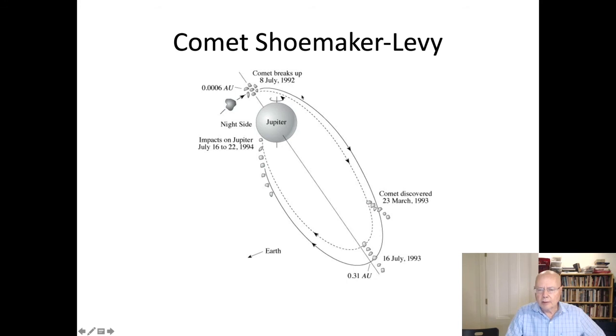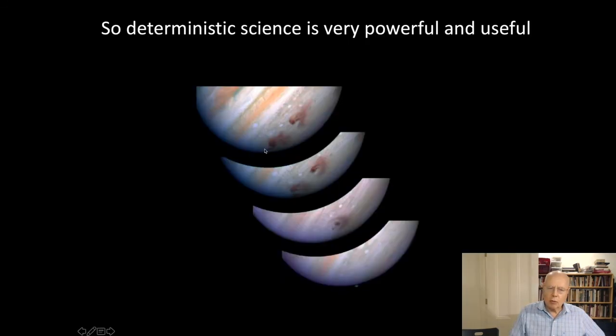Then it went down in this way. It was first discovered in March of 1993, and then 14 or 15 months later, it impacted Jupiter with all its dispersed fragments, leading to a whole series of scars on Jupiter's surface. So here's the first impact, then you have another impact, then you have another one that you can just barely see down here.